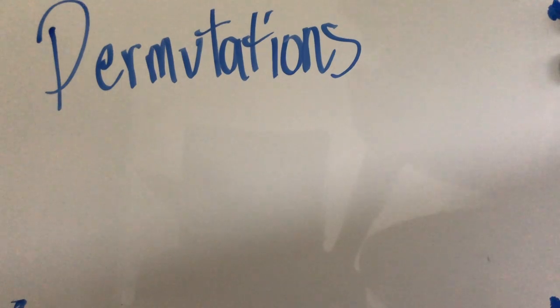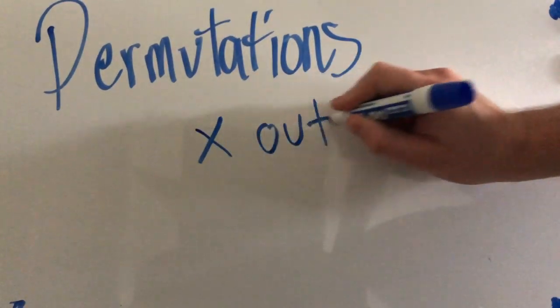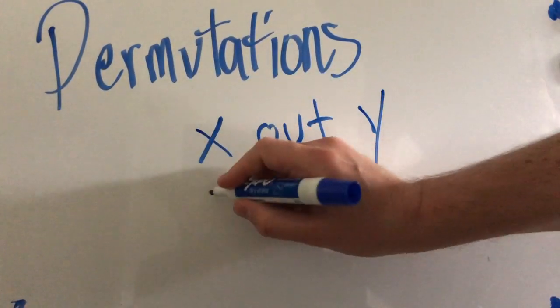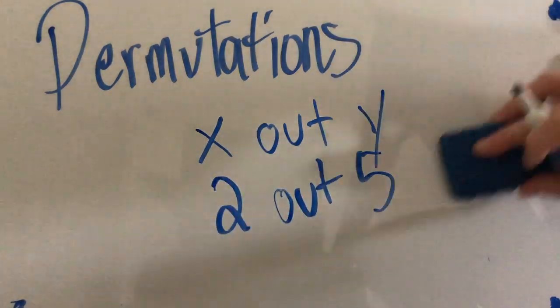Permutations basically describe a way of arranging a certain number out of a certain number of objects. So we're going to say we're going to arrange X out of Y. So this could be focusing on 2 out of 5.